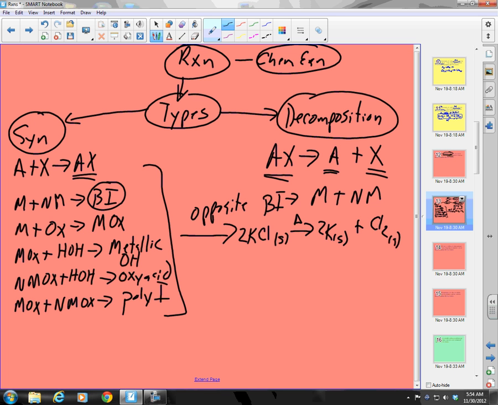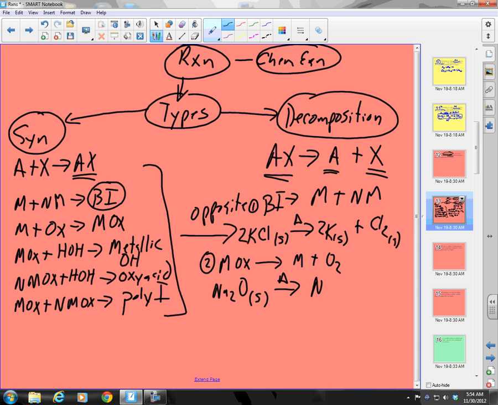There we go. Woohoo! Next, how about I have a metal oxide. So this is number 1, type 2. A metal oxide is going to decompose into a metal and oxygen. So let's take our sodium oxide and hit it with heat. And what do I get?